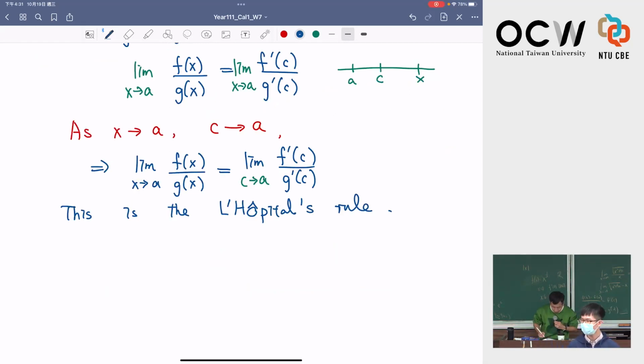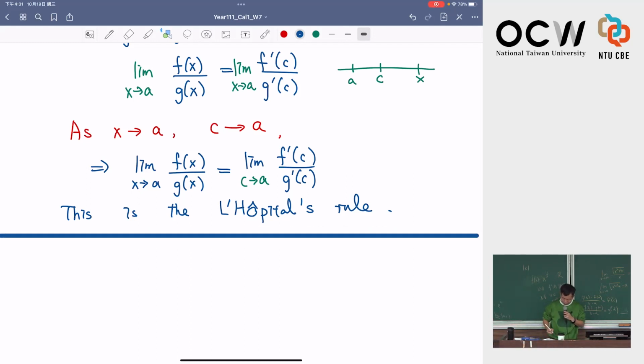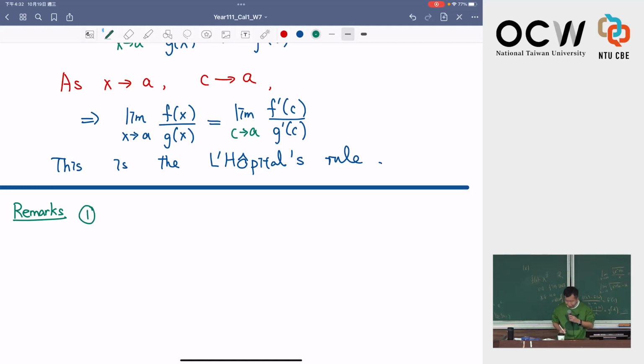the Cauchy MVT. Before I move on to doing examples of L'Hopital rule, I want to make two important remarks. Firstly, here we only prove the special case where x goes to a, and the fraction is of the form 0 over 0.